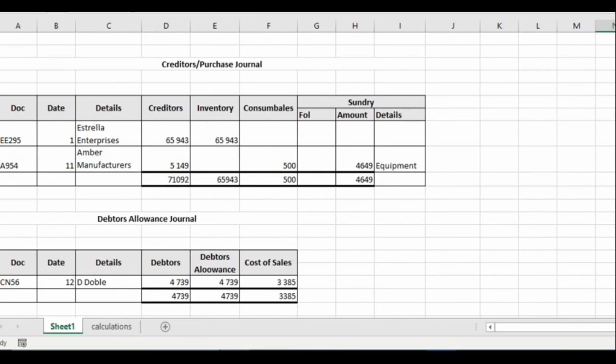Then you want to say equals the 269 plus 85 plus 6,781. Then it's this amount here, and then our details here will be bank charges.